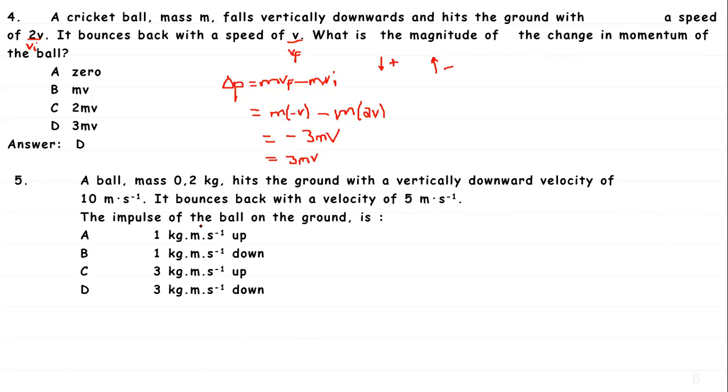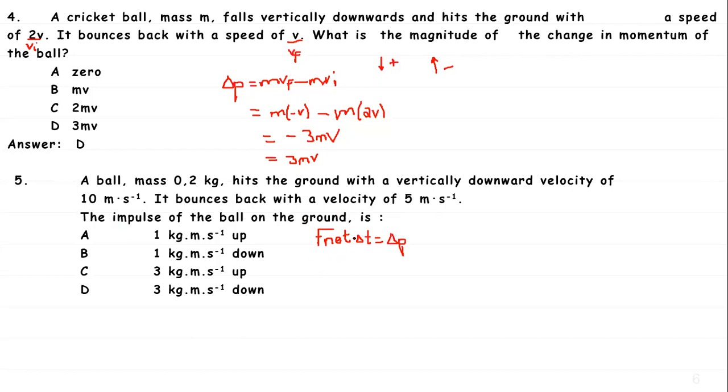The impulse of the ball on the ground is, so we are supposed to get the impulse here. What is the best thing to do there, my dear learners, is to say, let me try to calculate it. To calculate it, the formula for impulse is F net delta t is equal to delta P.